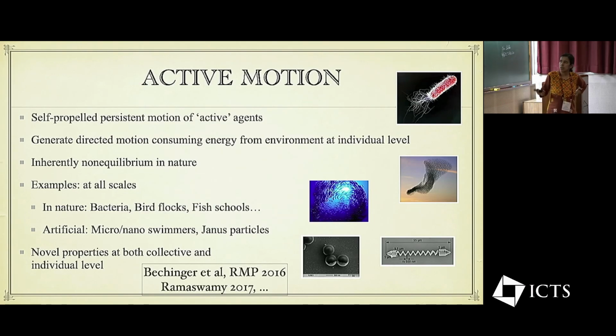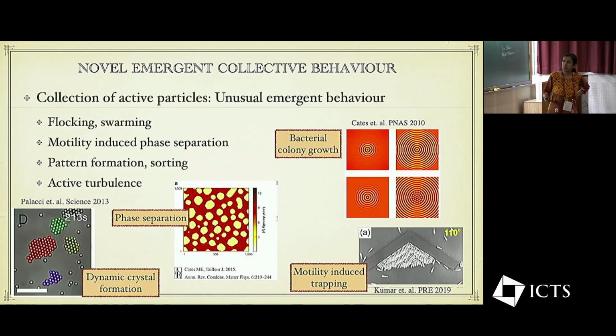The specialty of this motion is that they break detailed balance at the individual level, and they consume energy from the environment to convert it to a directed motion. Because of this non-equilibrium nature, they show a lot of novel emergent behavior at the collective level, for example flocking, swarming, motility-induced phase separation, and various kinds of pattern formation.